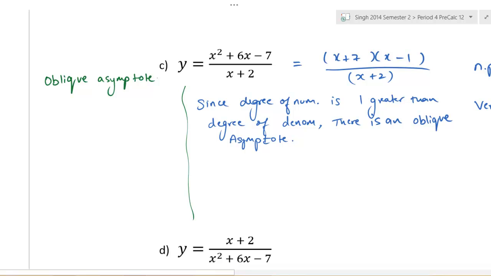We're going to go ahead and divide the two expressions and then write it in division statement form. Divide the two polynomials and write a division statement.